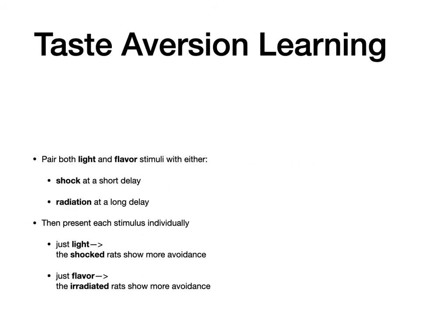So, for example, taste aversion learning. This one's big. This is one of the only things that you get one-shot learning in. So, pair both a light and a flavor stimulus with either a shock at the end of a short delay or radiation that makes them sick at the end of a short delay.